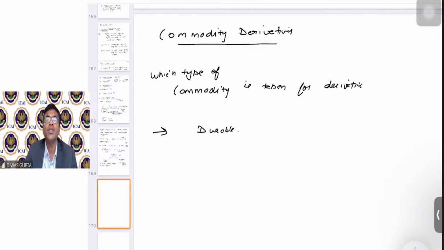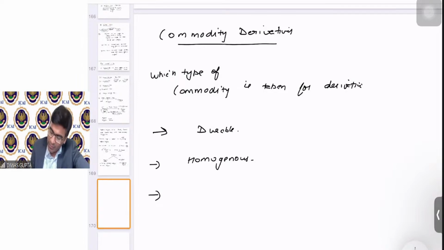If there is no point in storing it, then whatever price is available, we will have to do the transaction on that. It must be homogeneous. Then only it will make sense, otherwise it will be difficult to say which commodity we are talking about, for what specific thing to be traded under the commodity derivatives.